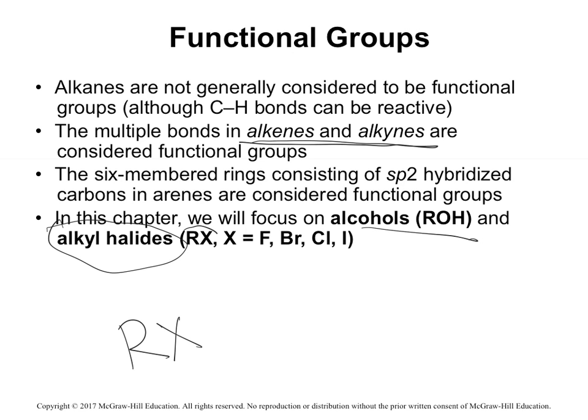This is the generic formula for an alkyl halide, and I'll show you the mistake they made. X just means a halogen, so it can be fluorine, bromine, chlorine, or iodine. Astatine is not considered a halogen here, so we don't have to worry about that. R just means any carbon-containing group. So for alkyl halides and alcohols, R has to be some type of carbon-containing group. It's just the generic formula for it.